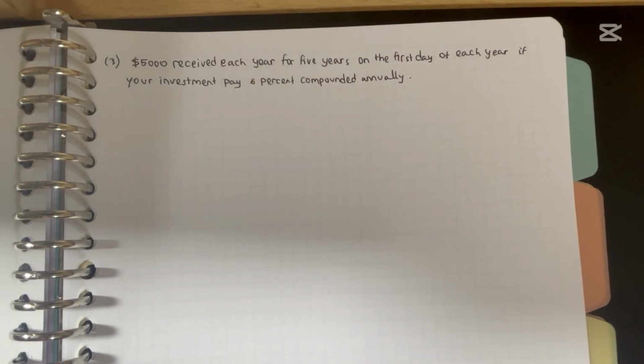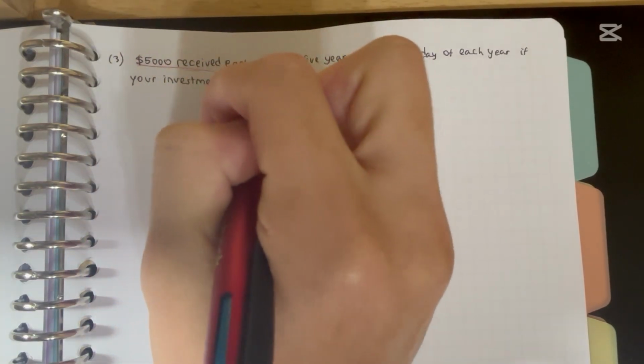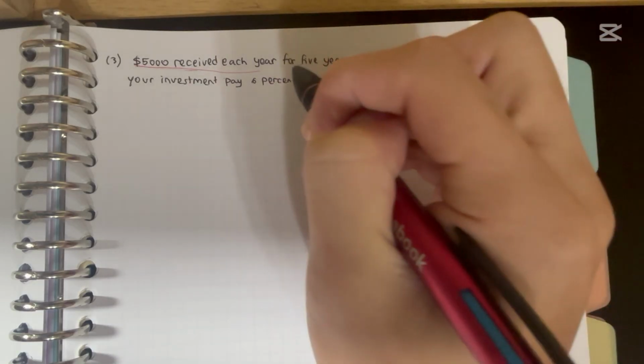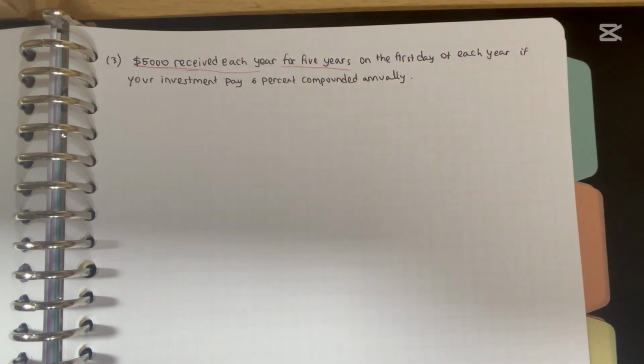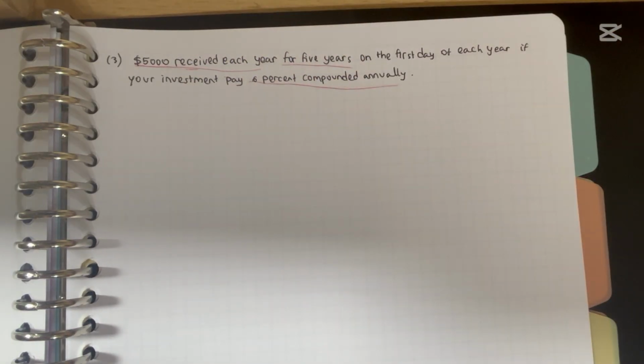So for the third question, we are calculating the future value of an annuity due, where $5,000 is received each year at the beginning of each year for 5 years, with an interest rate of 6% compounded annually.